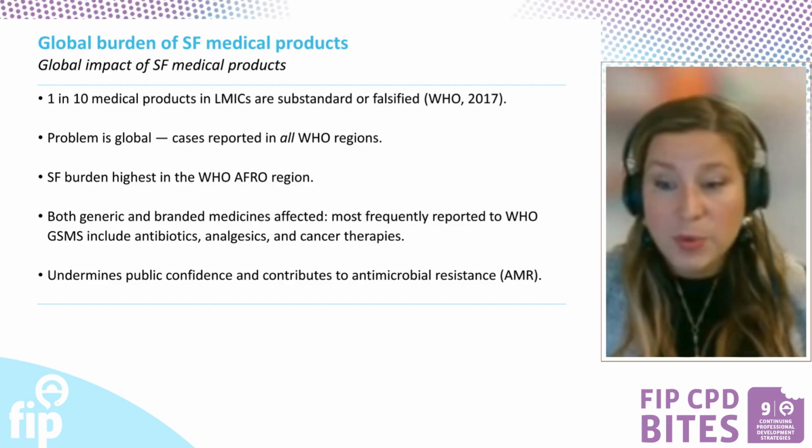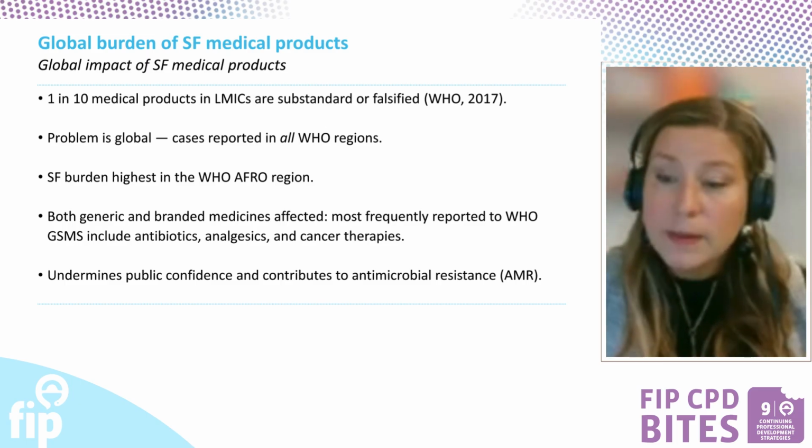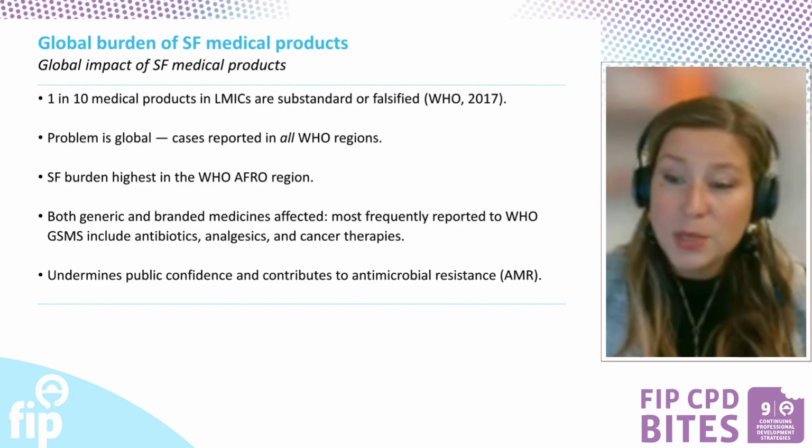Another key point is that both generic and branded products are targeted, and these are reported through the WHO's Global Surveillance and Monitoring System, known as GSMS. Some of the most frequently reported substandard and falsified medicines include antibiotics, which contributes to antimicrobial resistance, analgesics, and oncology or cancer therapies, products that patients depend on daily for life-saving treatment.